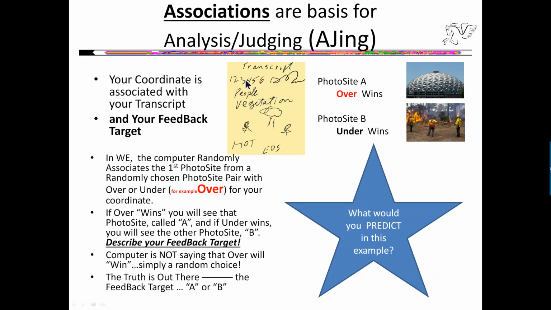So 654,321 would actually be associated with over. Not over winning.